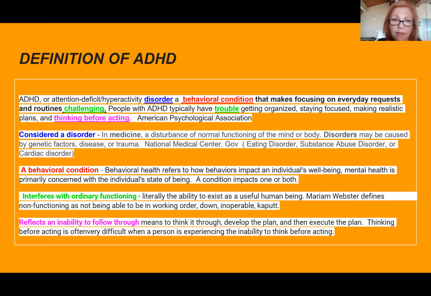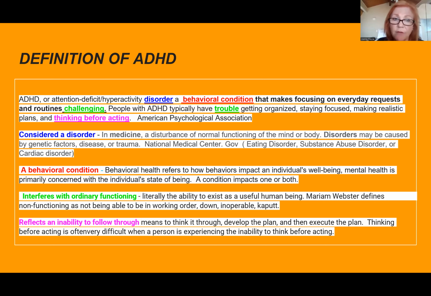It actually, in medicine, means it's a disturbance of normal functioning of your mind or body, or both. And diseases may be caused by genetic factors, and that's going to be important to think about later on as we talk about things, or trauma. And there's various kinds of trauma. We'll talk about those too. And that is from the National Medical Center, their definition of the word disorder.